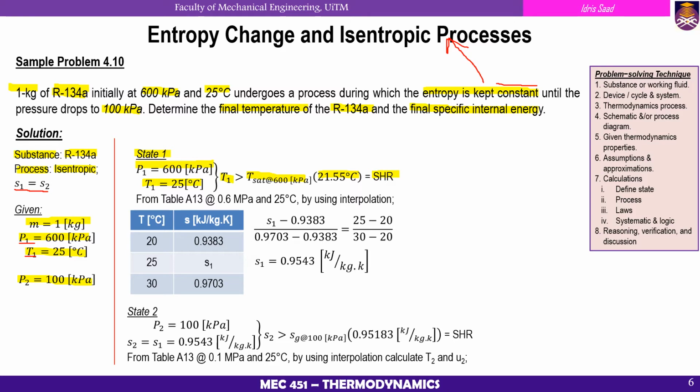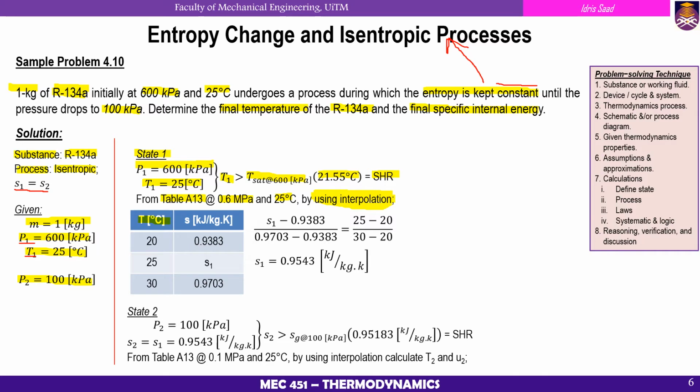Based on that, from table A13, please do remember this is R134A, this is not water, so please check the table properly. From table A13 at 0.6 megapascal and 25 degrees Celsius, we need to use interpolation. Please master your mathematical knowledge for the interpolation.